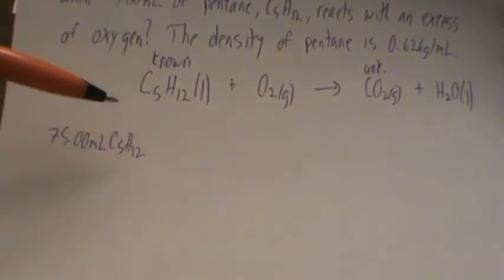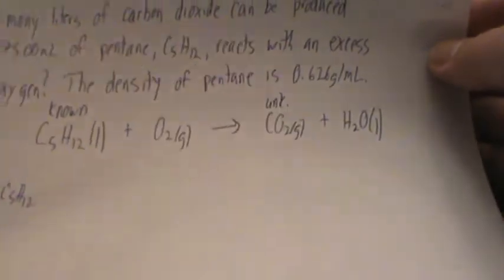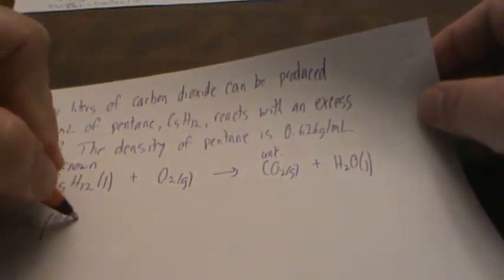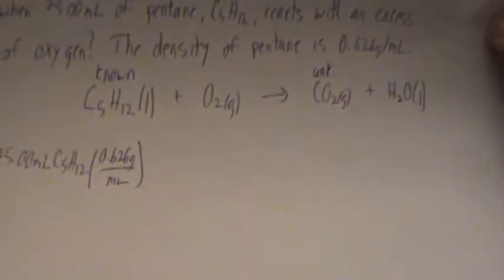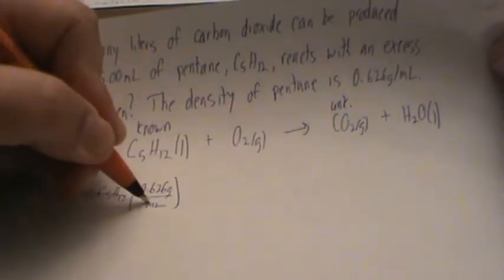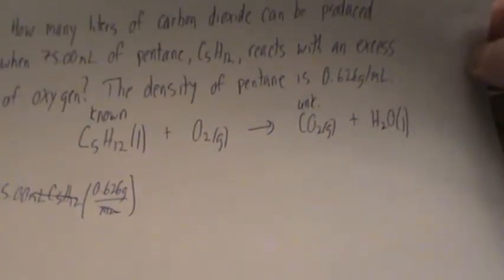Now what we're going to do extra is convert our volume to grams, and the way that we're going to do that is we're going to use our density. So we take our volume times our density, the volume gets canceled out, and we're left with grams. So this would start us off with grams of our known.